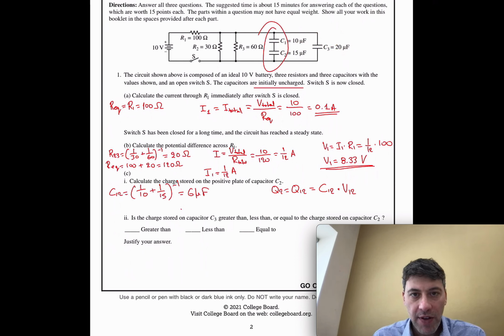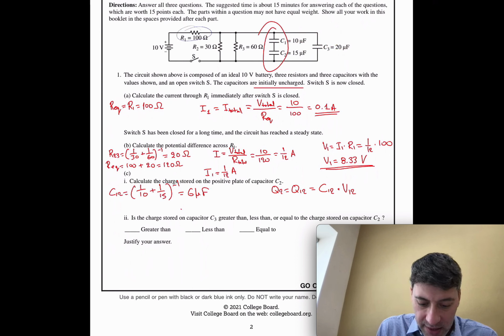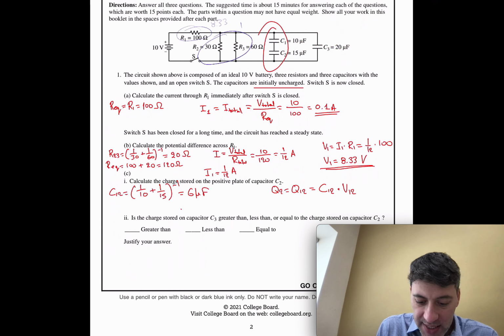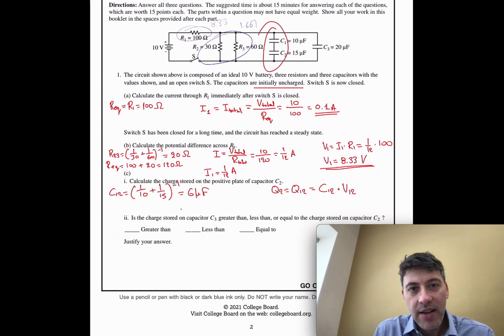And somehow we need to find the voltage, but we already know that the voltage for the first resistor is 8.33. So the remaining voltage for the other two resistors will be 10 minus 8.33, so it will be 1.66, 1.667 in reality.